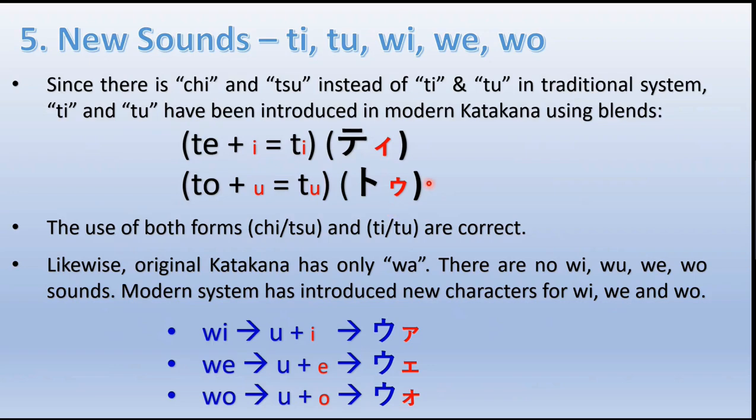So it is very important to note that we are not using the wa sound, which exists in the traditional system, to make any of these blended sounds. Instead, we are using the u sound as the main sound, and we are blending it with i, e, and o sounds. So these are written in half the size.